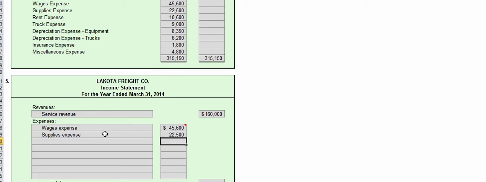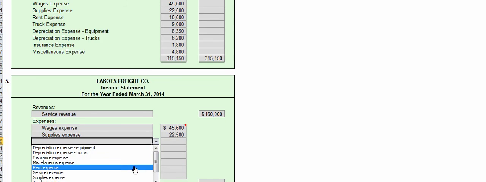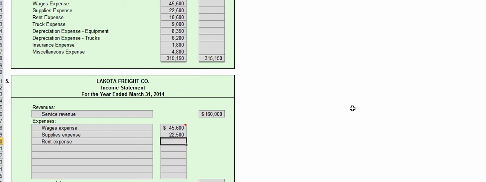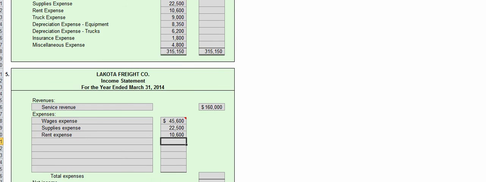We have rent expense at $10,600. Truck expense is $9,000.